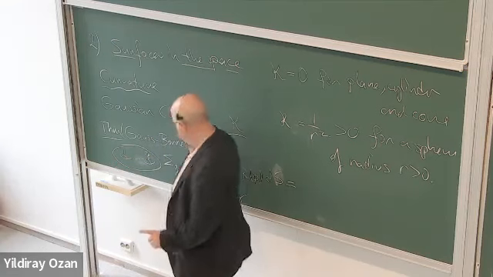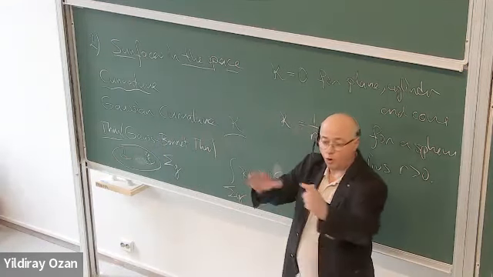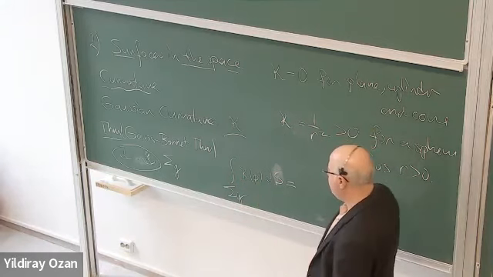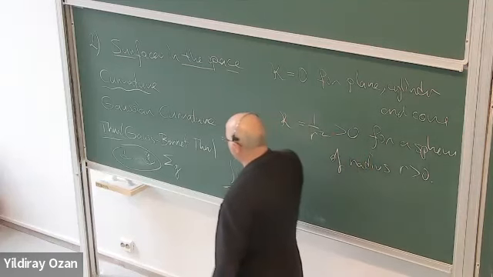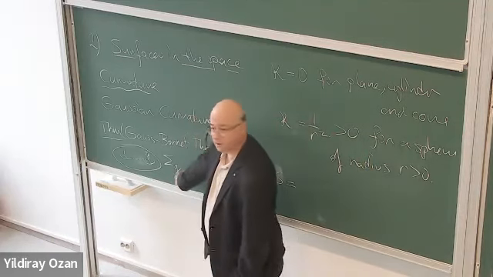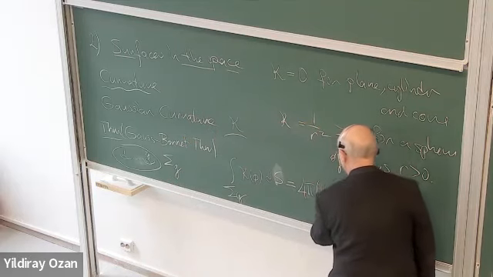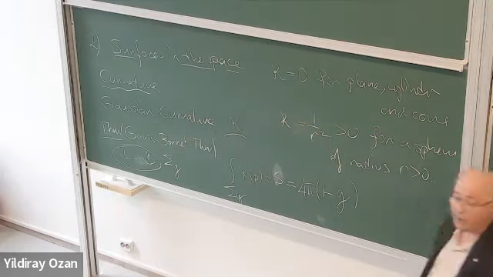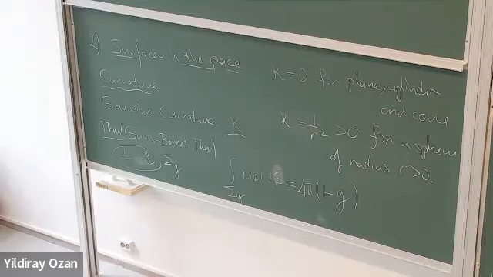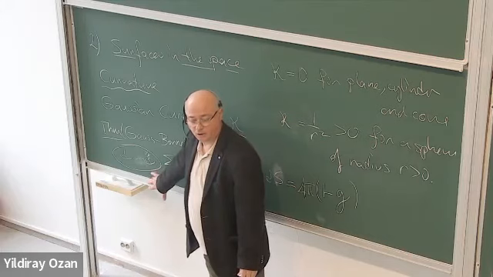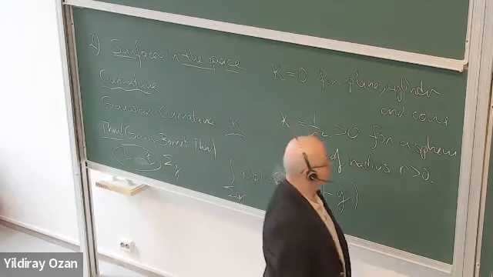If you integrate this function over the surface, okay, you will get a number. That number is always determined by this G. It is just 4 pi times (1 minus G). Okay. No matter how the surface looks like, it can look like this, but it can look like also like this.